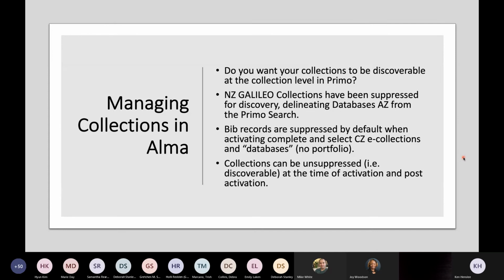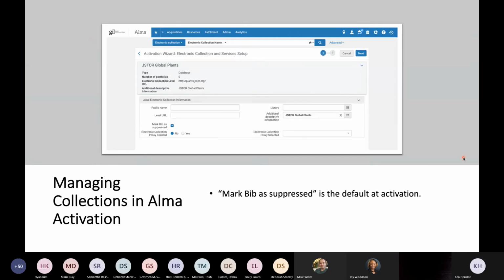The bib records are suppressed by default when you activate a collection in Alma. They can be unsuppressed at the time of activation, and there is a way to unsuppress them after you've activated them. So here is an example of the activation wizard. Once you've found your collection in the community zone and you've selected activate, the first screen you get to is this right here.